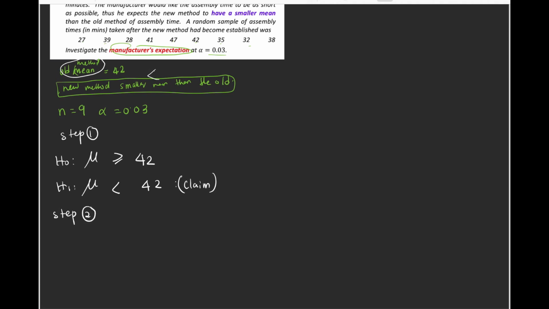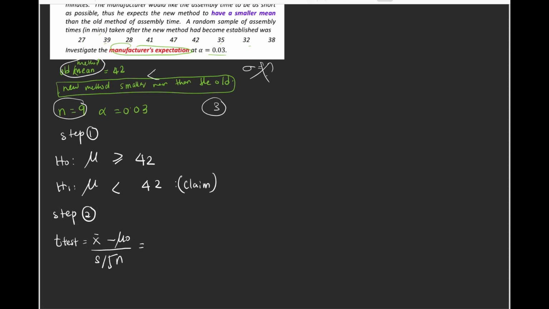Which formula do you want to use? Is there any sigma given? No, there's no sigma given. So look at the sample size. n is equal to 9. So you have to use formula number 3. Formula number 3 is T test equals x bar minus mu naught over s over square root n. How can we get the x bar?